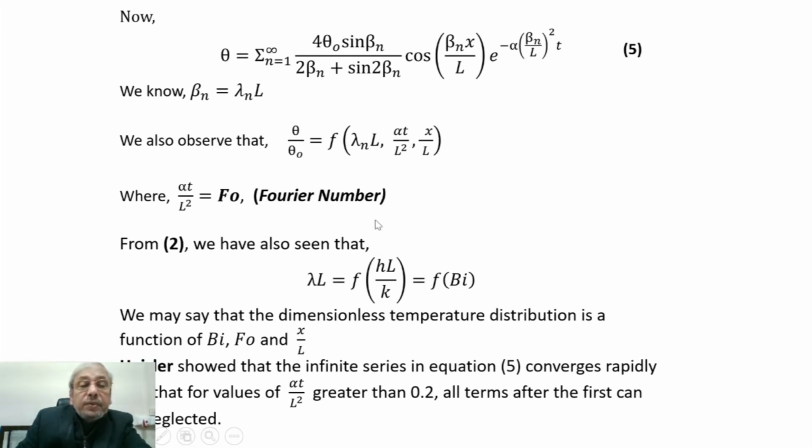So from equation 2 we have already seen lambda L is basically a function of Biot number. So this problem of temperature distribution is a function of Biot number, Fourier number, and x by L.